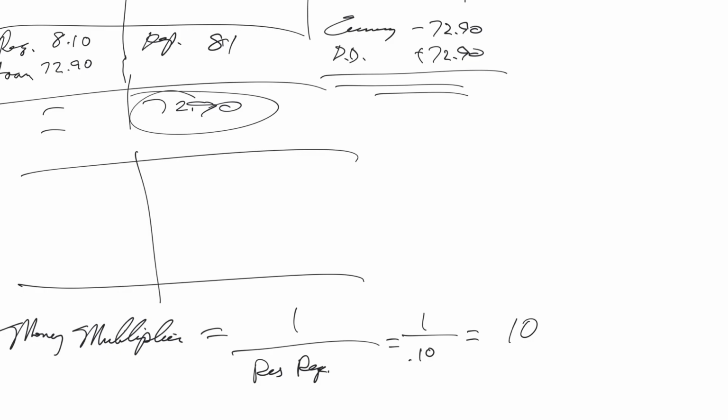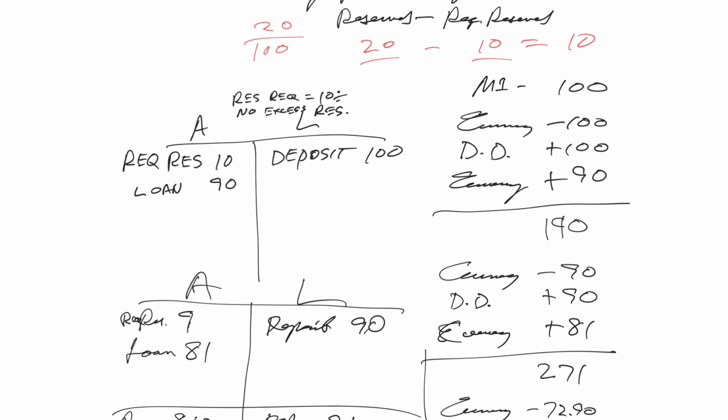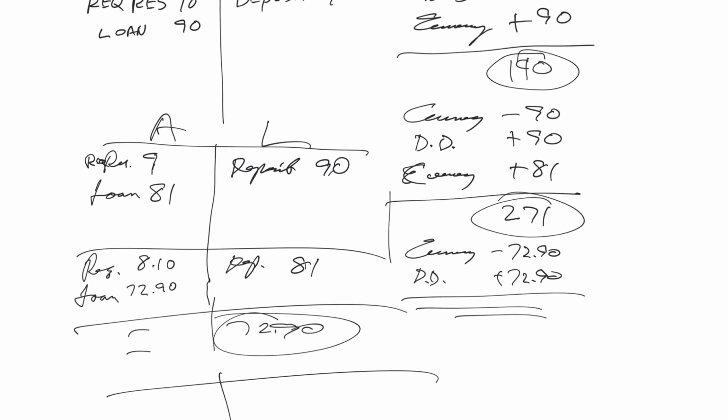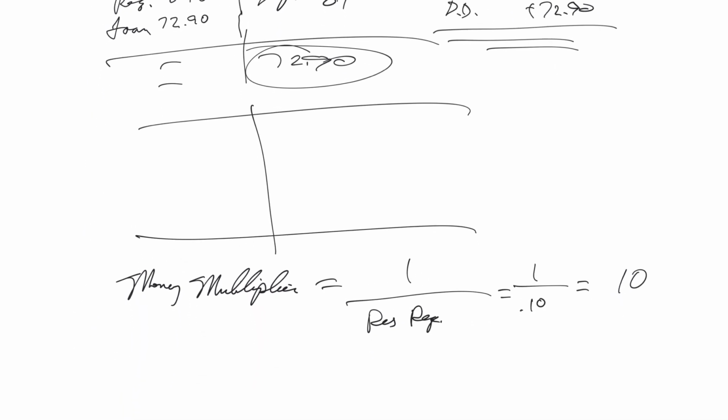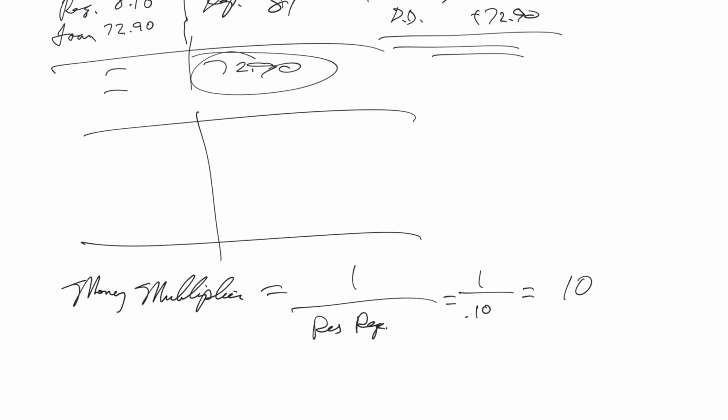And if we multiply that initial deposit that started it all, this $100, and we got, the money supply grew first to 190, then it grew to 271, and it keeps on growing with each round. I'm assuming you can see where that was going. Each round is going to result in a bigger and bigger money supply, but each round is going to add less and less.